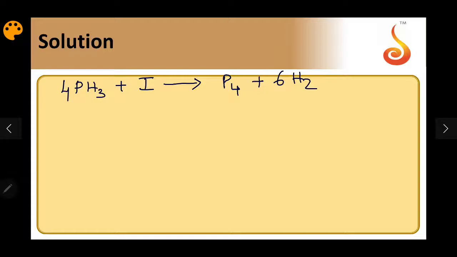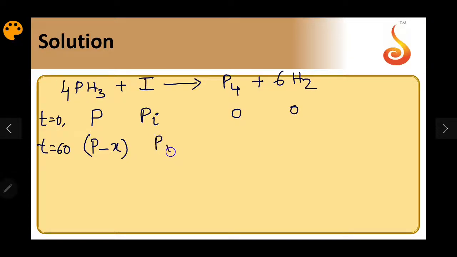It's already balanced. Now, if I take t equals 0, this is, let us say, P. This is constant Pi. This is 0. This is 0. So t is equal to say 60 minutes or 60 seconds, whatever time is given. This is P minus x. This will remain Pi only.